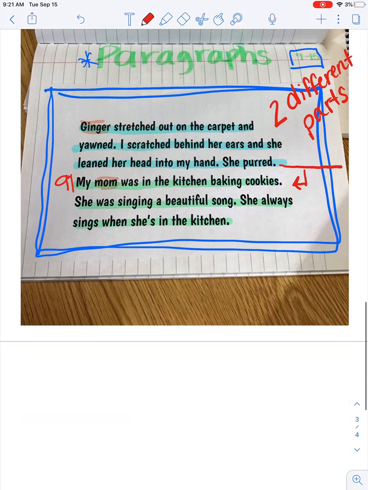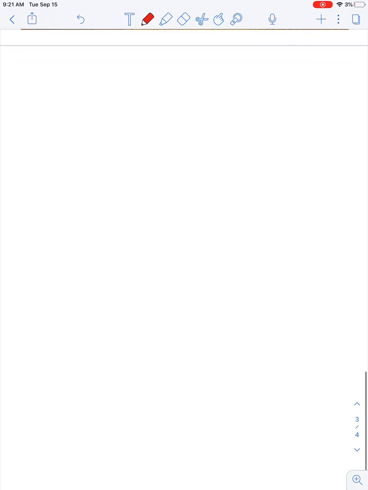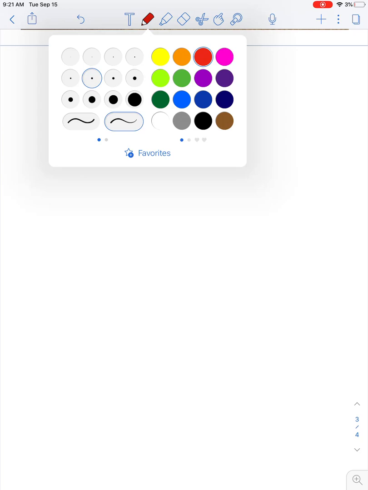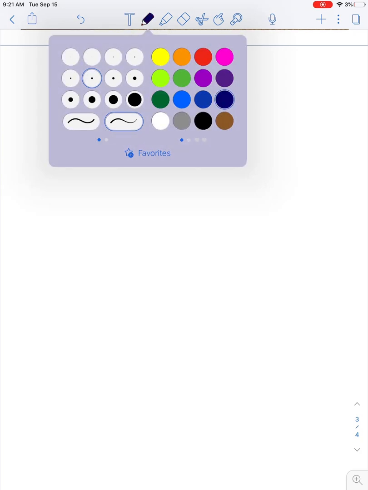So what should I do now? Well, your next step, my third grade friends, after you have created this anchor chart in your writer's notebook, is to go look at your own writing. That means go to your personal narrative sloppy copy.